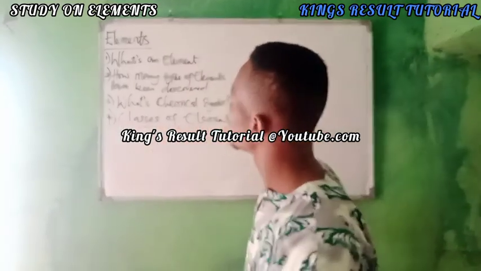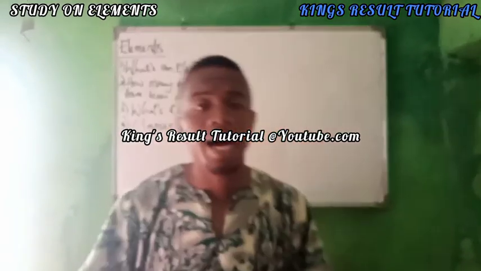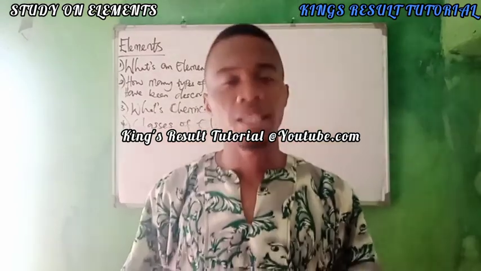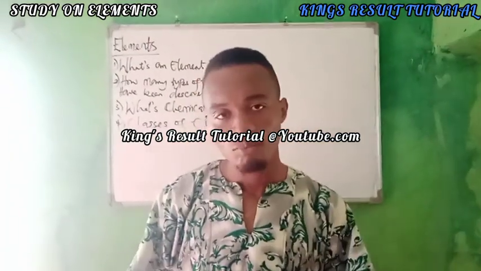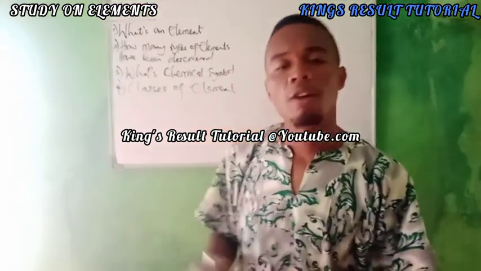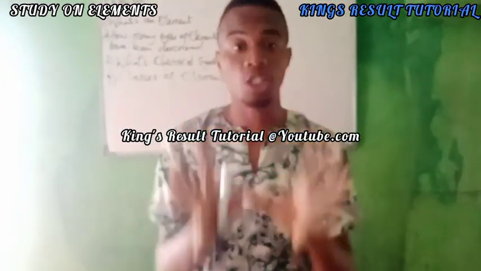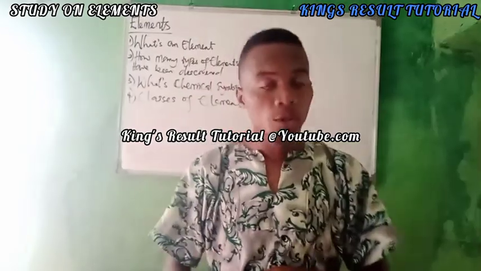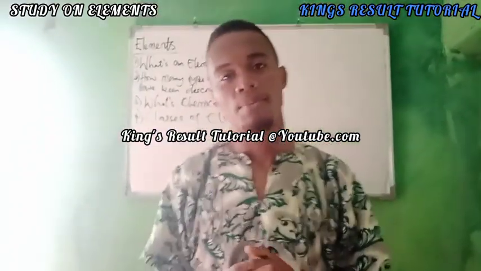Now, question 2 says, how many types of elements have been discovered? Okay, we have currently 110 elements that have been discovered. Now, under this discovery of 110 elements, 92 of them are natural. That is, they occur naturally, both in the Earth's crust and abundantly on the Earth's surface.